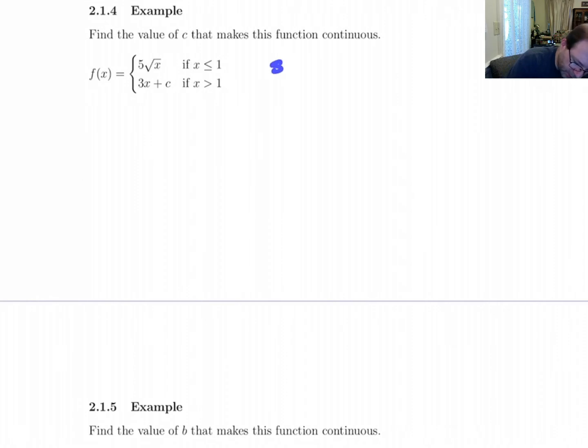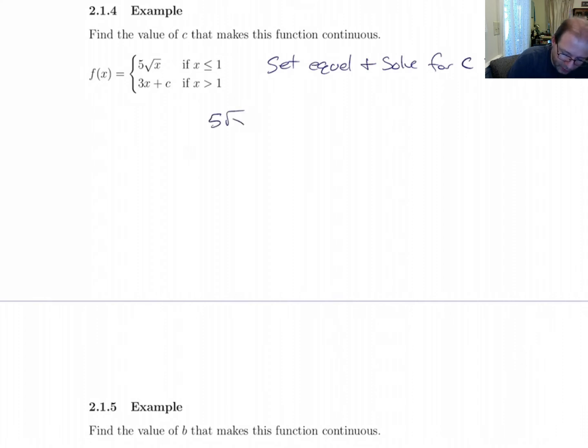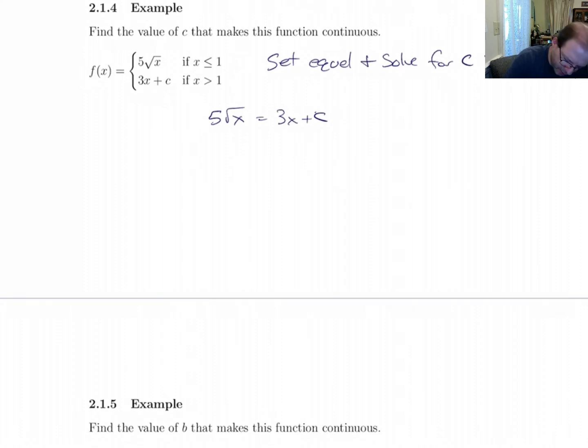So all I really need to do is set them equal to each other and solve for C. All right, so 5 root x equals 3x plus C. How do I do this? Well, I've got to get rid of that square root, so let's square both sides. This will give me 25x equals 9x squared plus 6cx plus c squared.